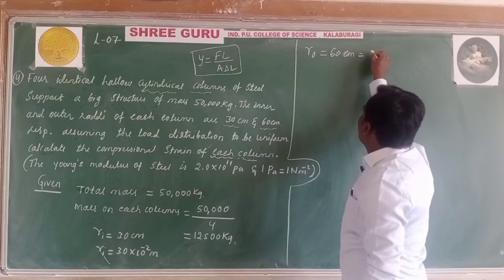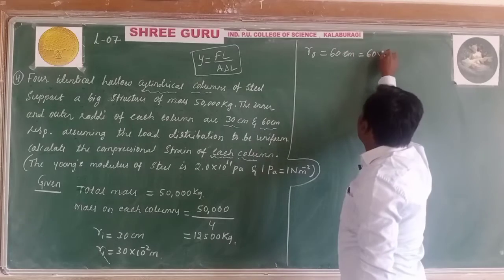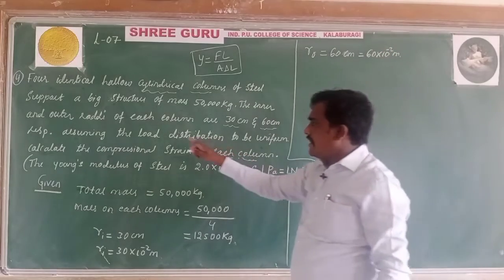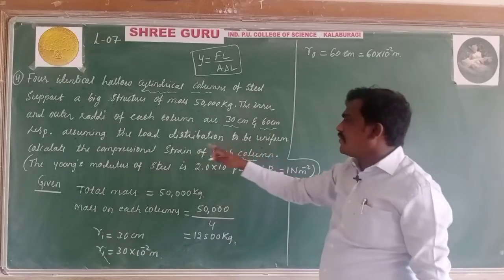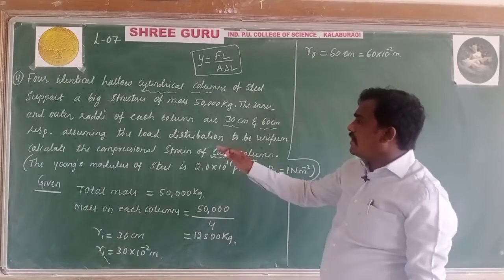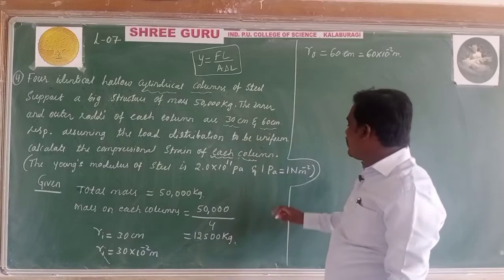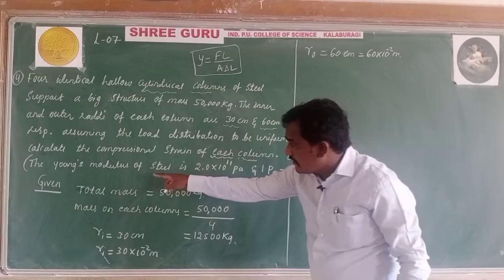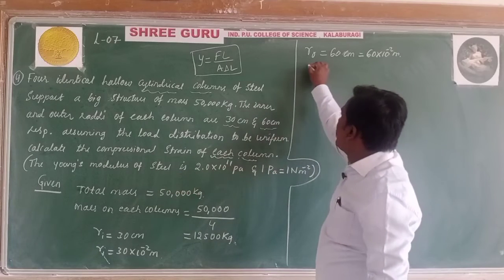We can also write it as 60 into 10 raised to minus 2 meter. Then, assuming that the distribution is uniform, equal in all the columns, that is 12,500 kg, they mention the Young's modulus of steel also.